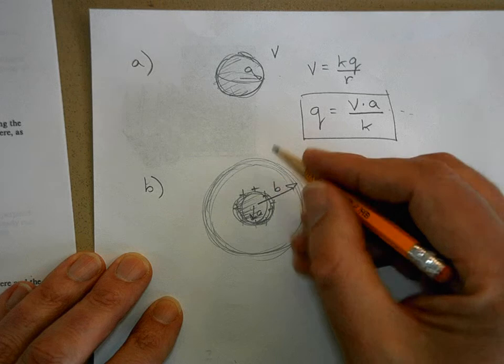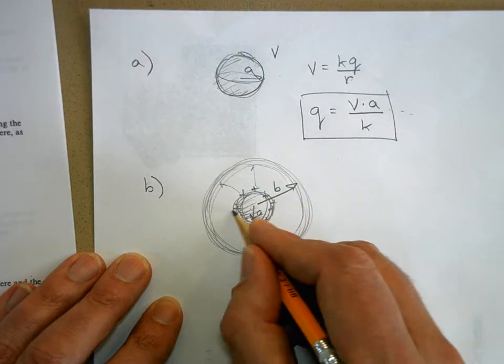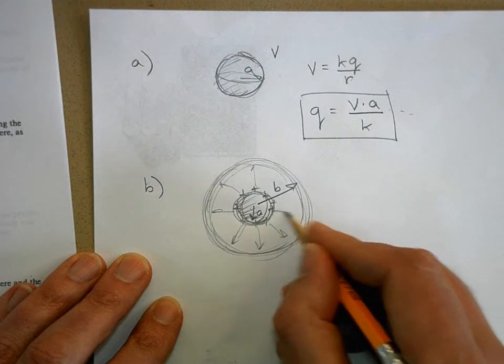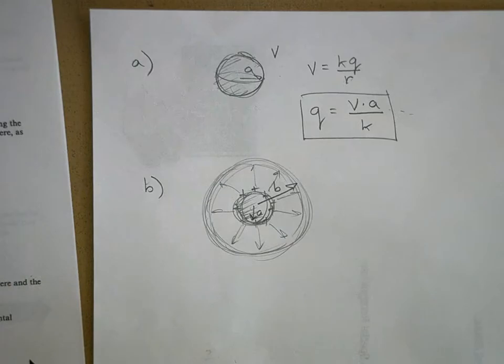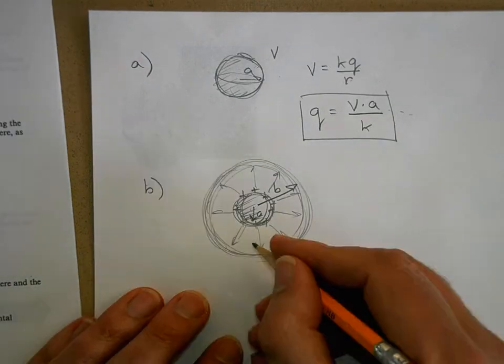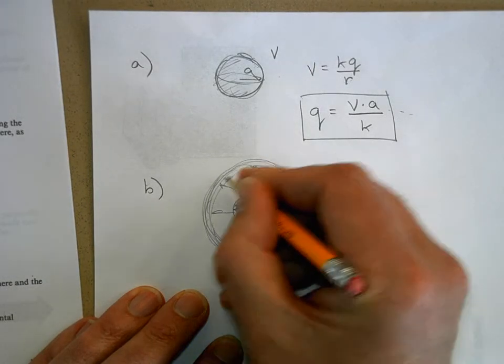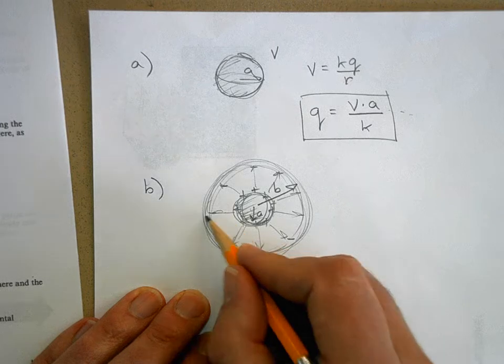And so what would happen is this. If it wasn't grounded, you would get an electric field in here. On the inside surface of this conducting shell, you would get negative charge, and the electric field would terminate there.